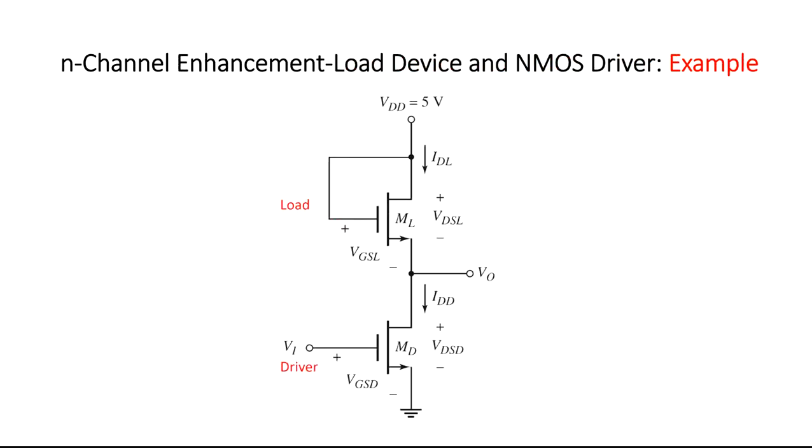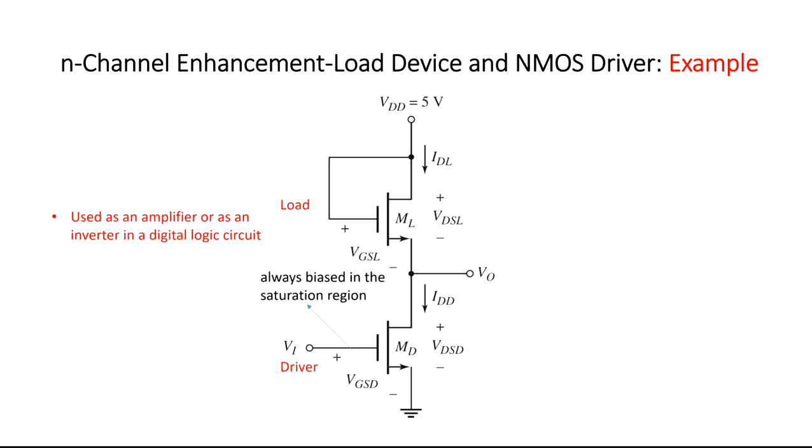If an enhancement load device is connected with another MOSFET, the circuit can be used as an amplifier or an inverter in a digital logic circuit. The load device is always biased in the saturation region.